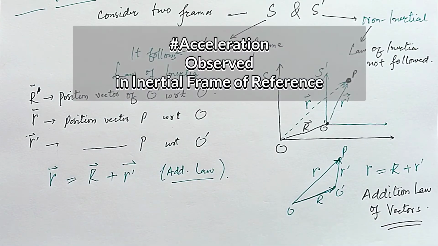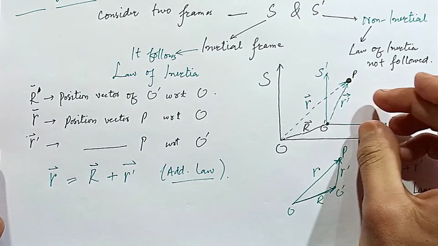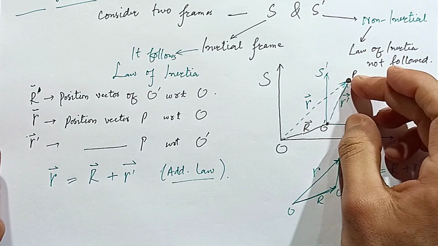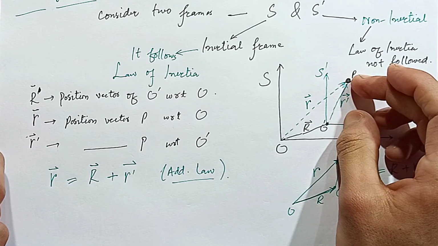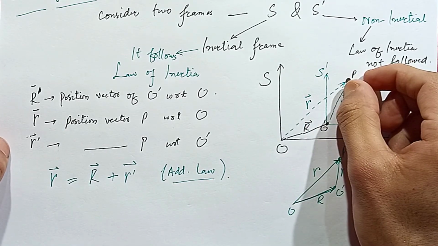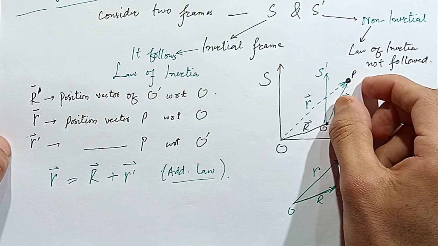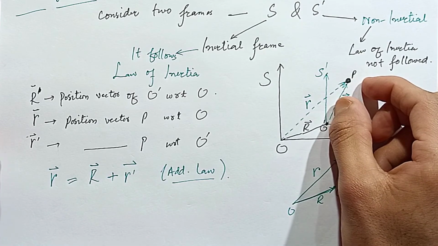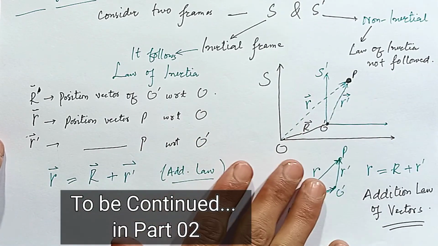Now we are concerned with the acceleration of this particle, whether it is acted upon by some force or not, because from the second law of motion we know that if the particle is acted upon by a force, that will definitely cause an acceleration in that body, and if zero acceleration is observed, that means the force is not there.